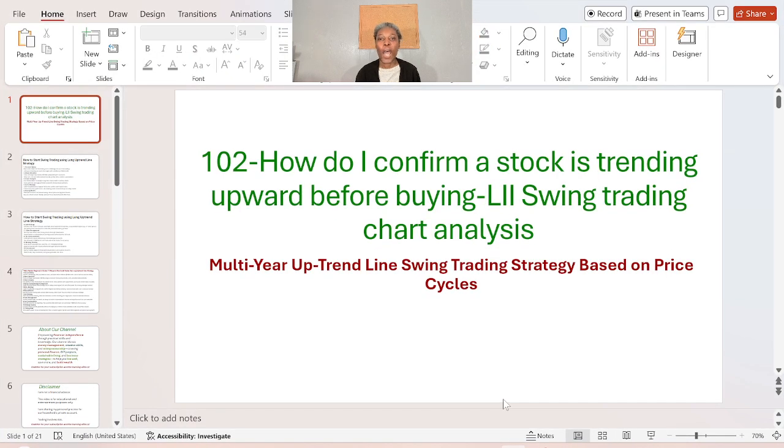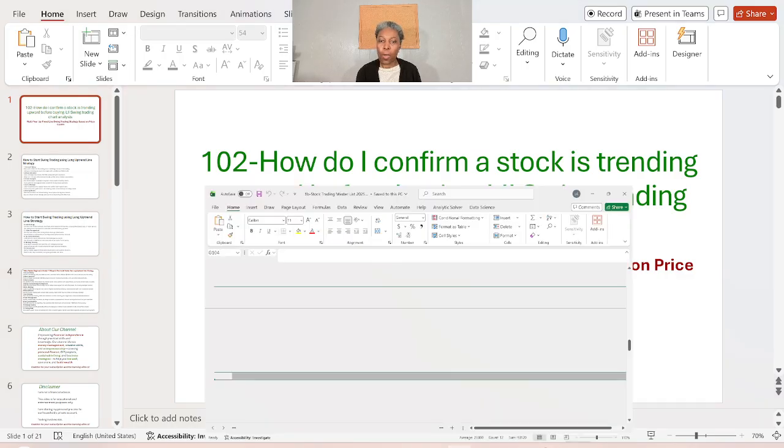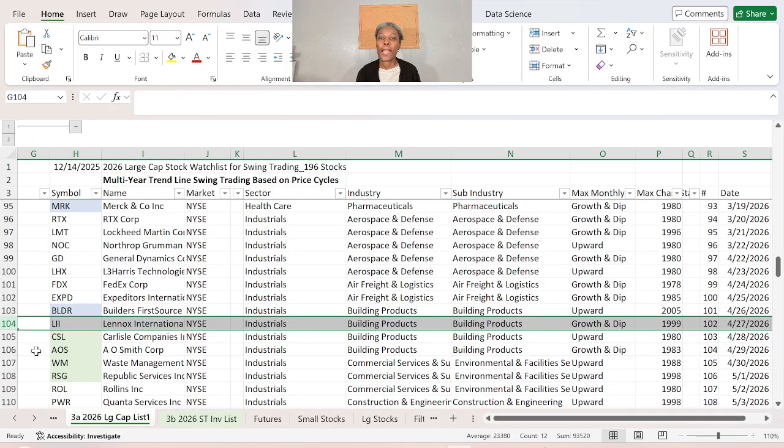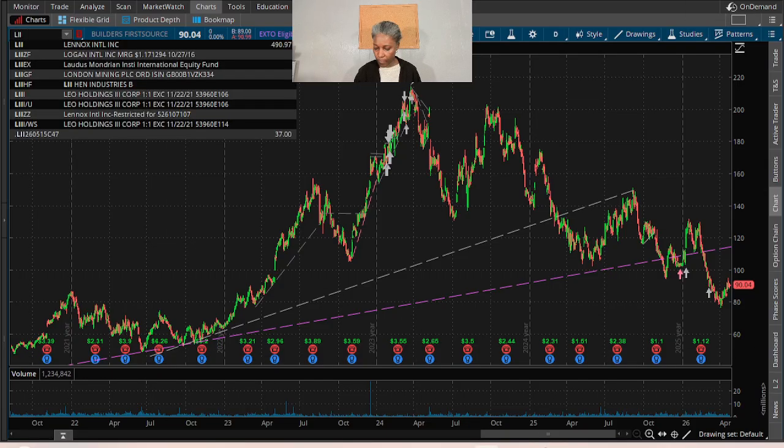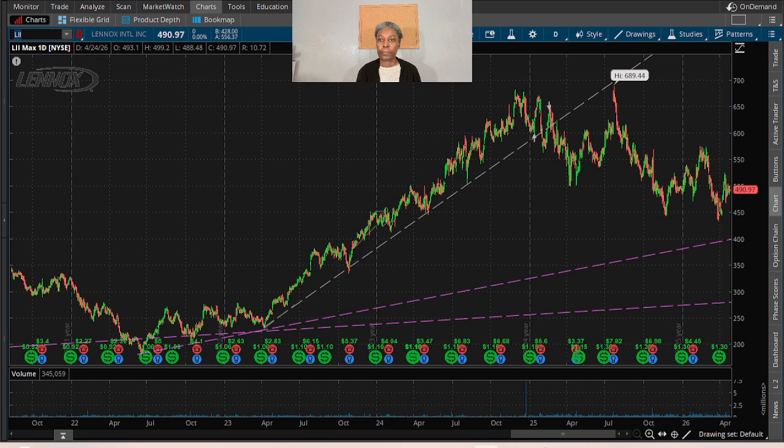Hello, how do I confirm a stock is trending upward before buying? Well, let's take an example of LII to analyze today. So when we are looking at LII, for instance, well, I like to buy it.